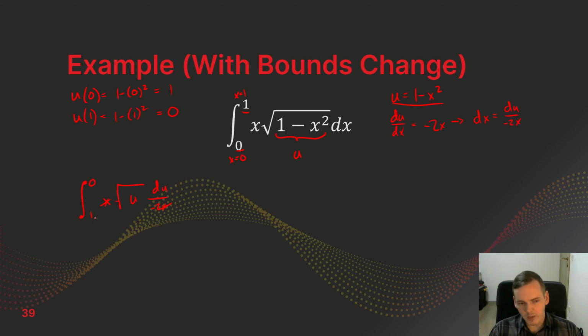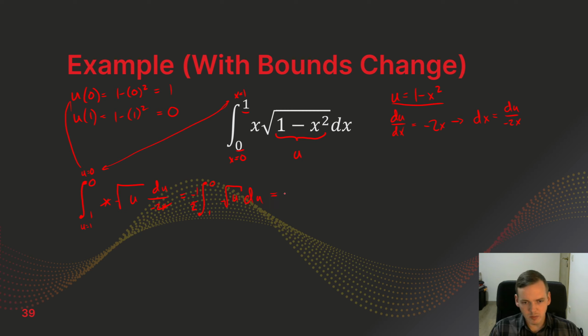So now we're integrating from u equals 1 to u equals 0, because those are the equivalents to the x equals 1 and the x equals 0 from before, because we plugged them into this function up here. So that means we're left with the integral from 1 to 0 of the square root of u times negative 1/2. I'm just going to pull that negative 1/2 out front, du.